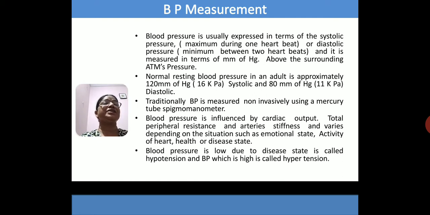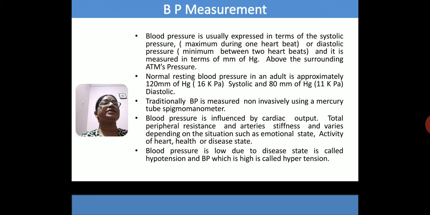of Hg diastolic. Traditionally, BP is measured non-invasively using a mercury tube sphygmomanometer. Non-invasively means without inserting a needle inside the blood vessels, the BP is measured. Such a method is known as non-invasive method.